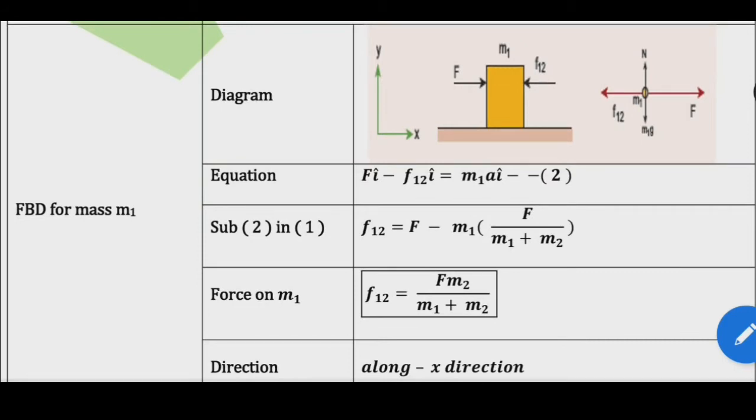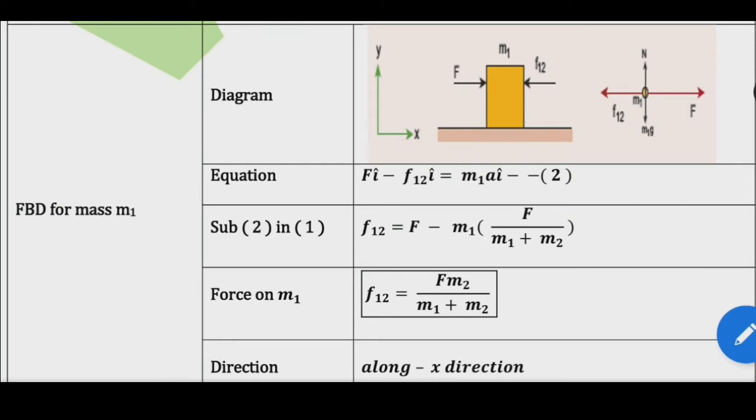Now we see the free body diagram of the block of mass m1. Now we get the equation F i cap minus F12 i cap is equal to m1 A i cap.